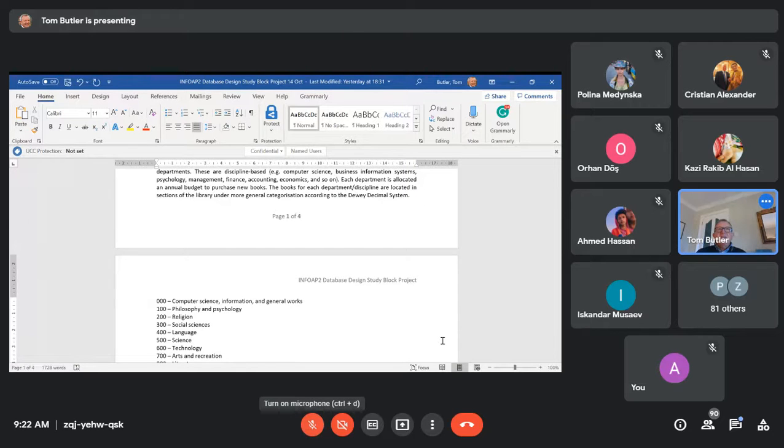The book ID and the author ID, but will not the author ID say you need 2 author IDs, right, for 2 authors? Correct?